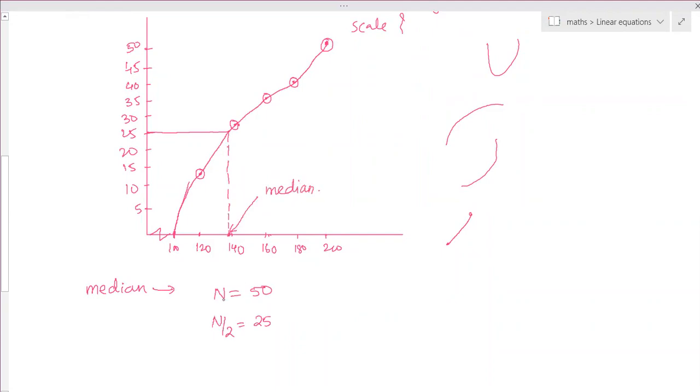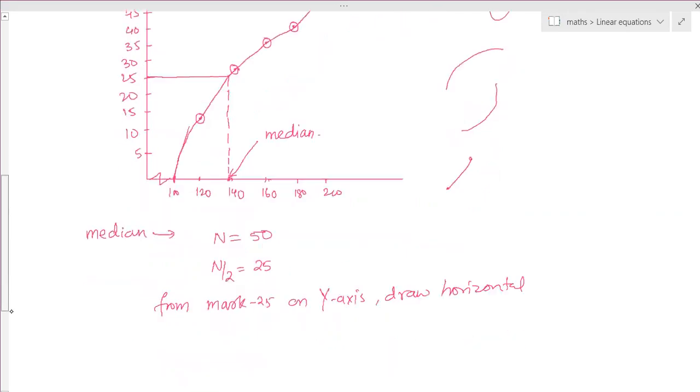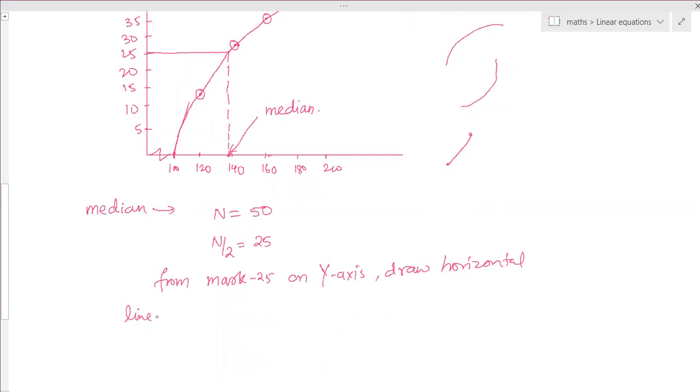So what you have to do: first find the n value, then take n by 2, that is 25. Mark 25 always on the y-axis. Draw a horizontal line intersecting the ogive.